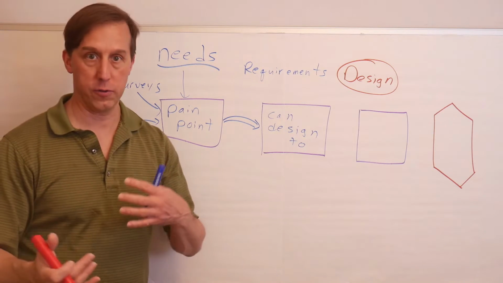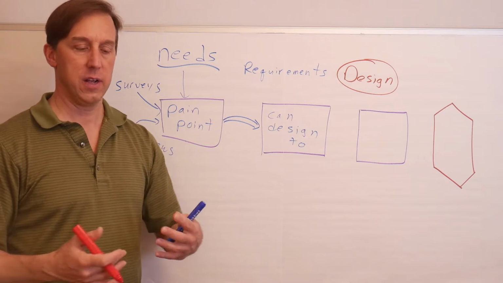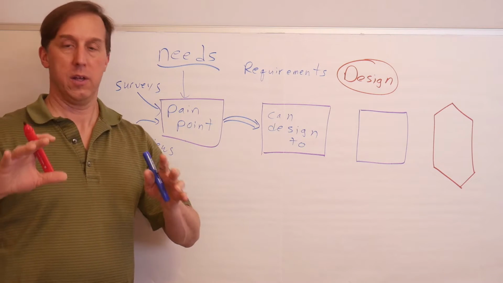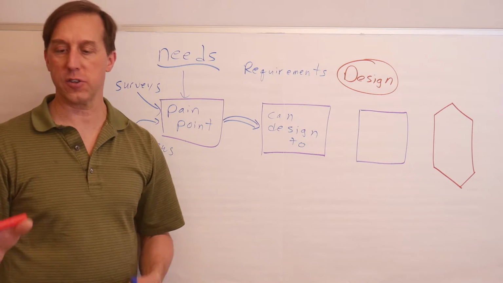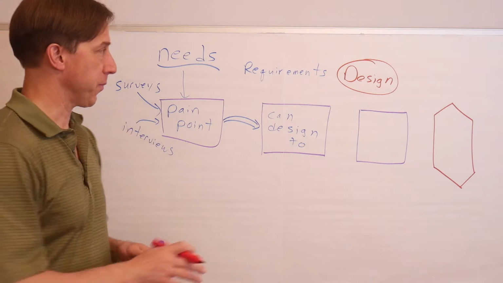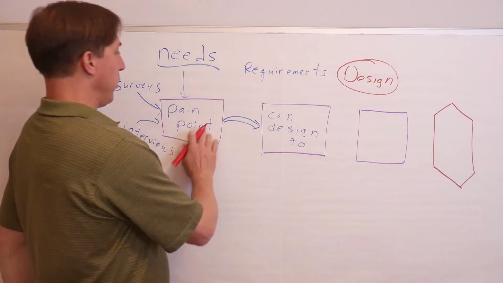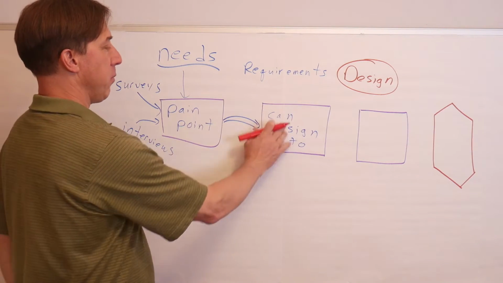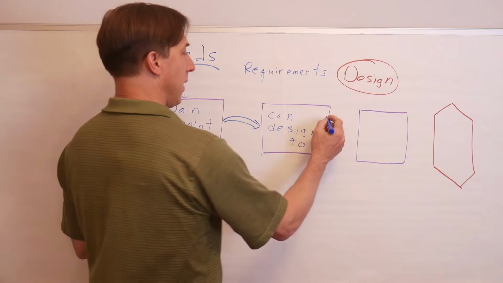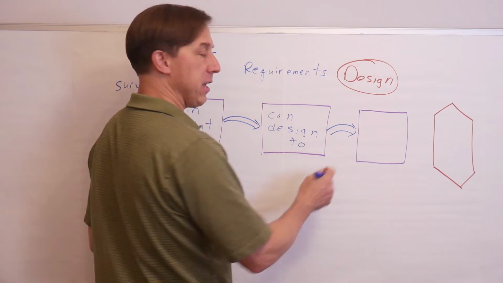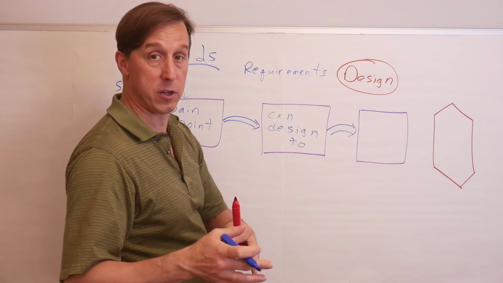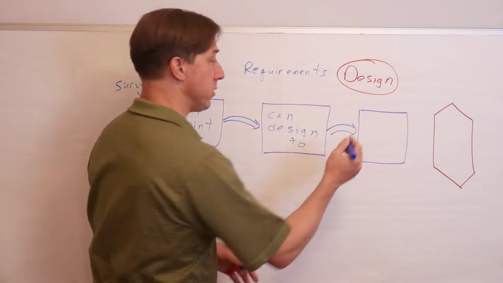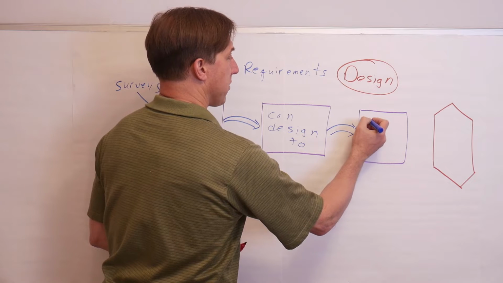You're writing code based on the requirements that, when run, will speed up the system or produce a new graphic art system, whatever it is. So you took this pain point. We have now something we can design to, and then we produce something. At this point, it's drawings, prints, maybe a software architecture. Maybe we haven't coded yet, but we're just architecting our solution. This is something we can build.